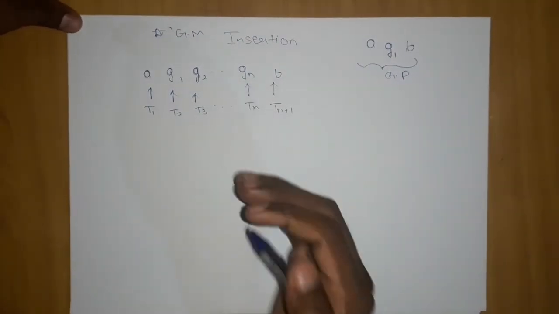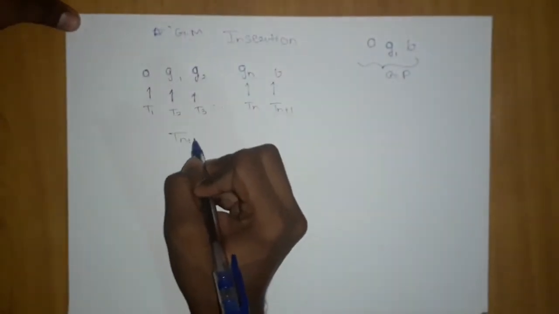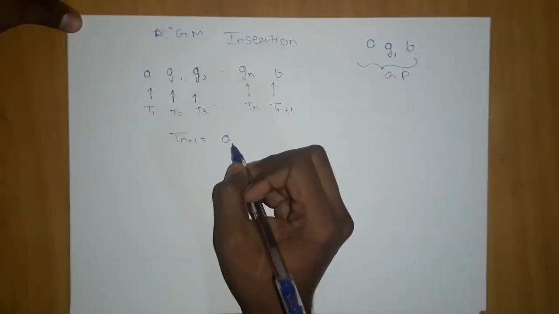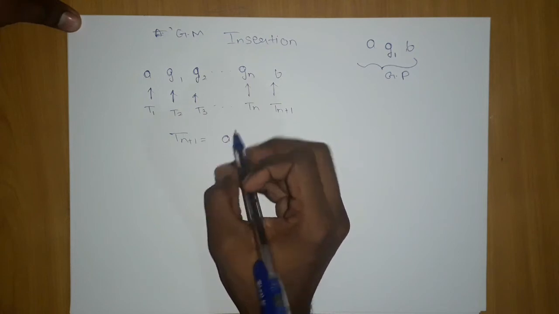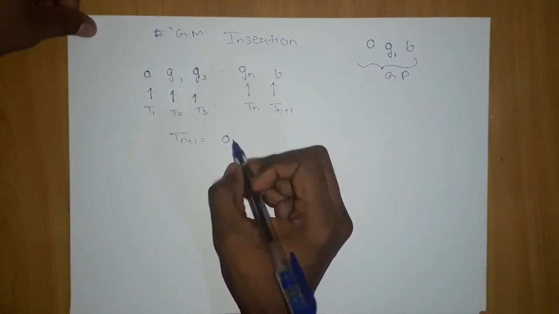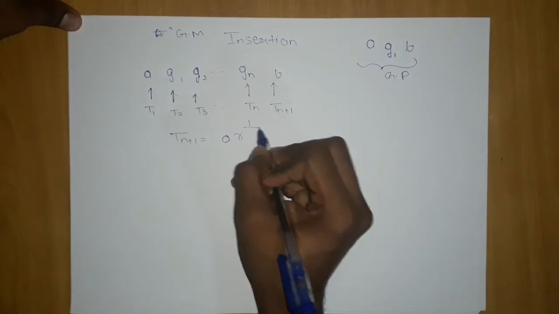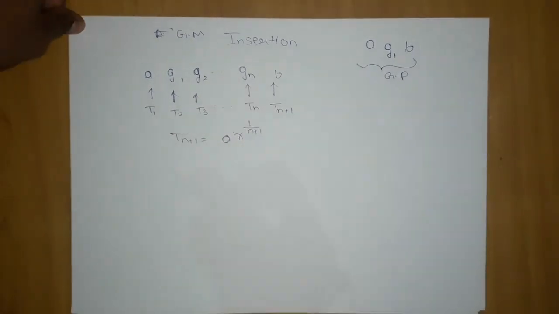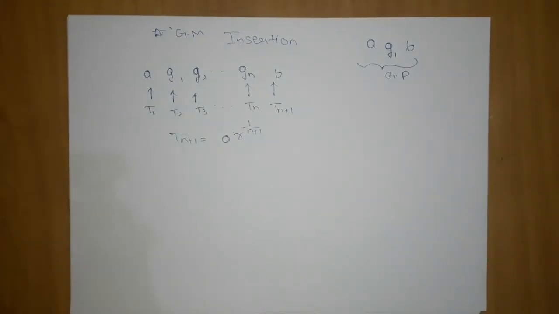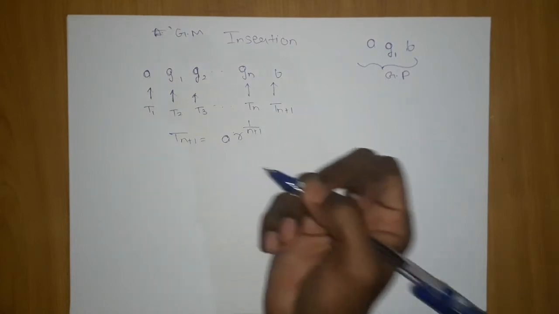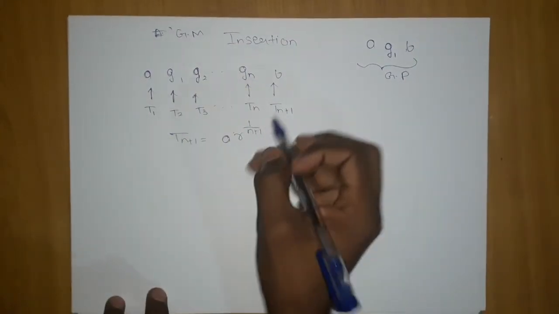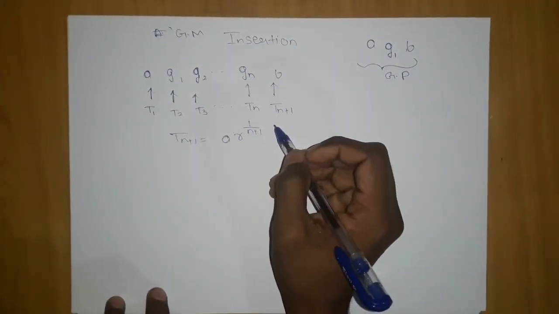So if I write the position of this term Tn plus 1, it is nothing but A into R power 1 upon n plus 1. This term is Tn plus 1.